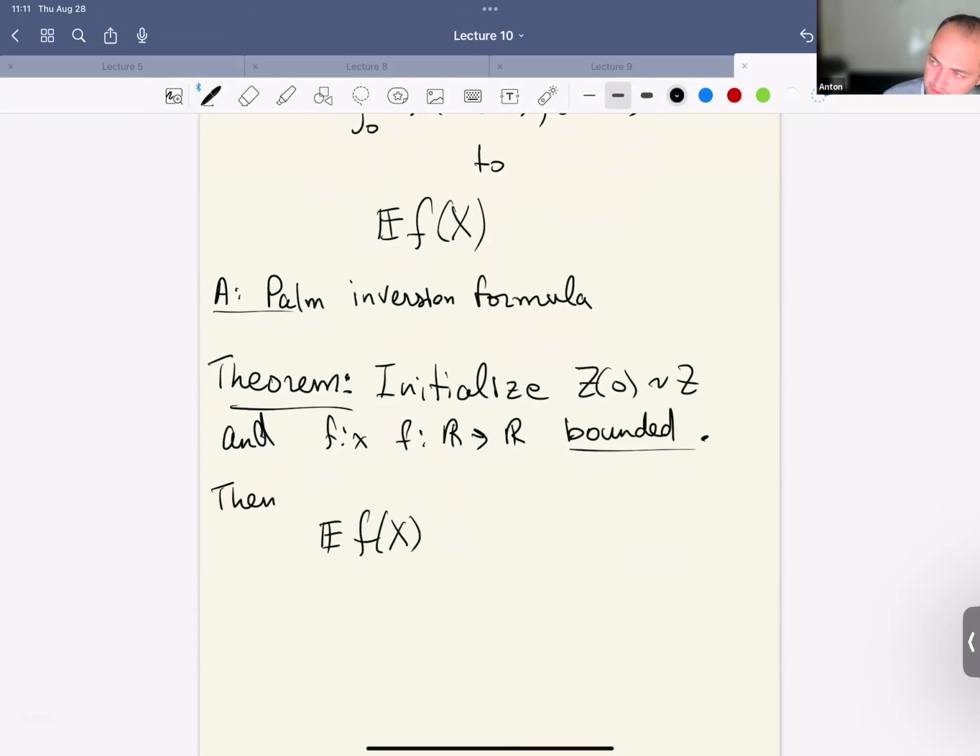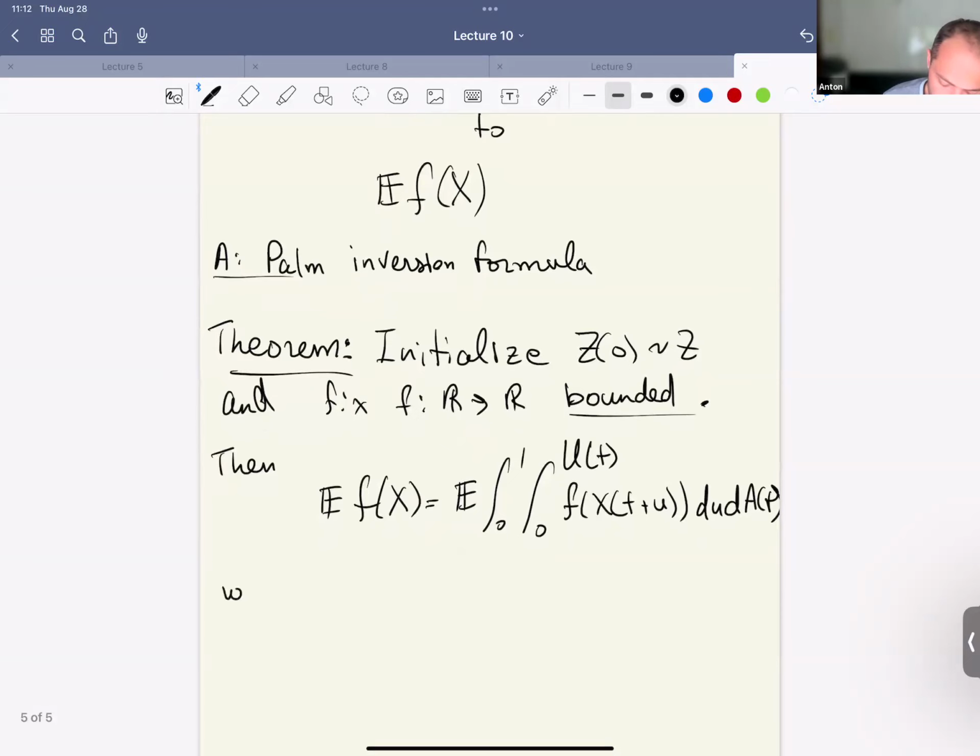F of X, this is the expectation, 0 to 1, integral 0 to U of t, f of X of t plus u, du, dA of t.